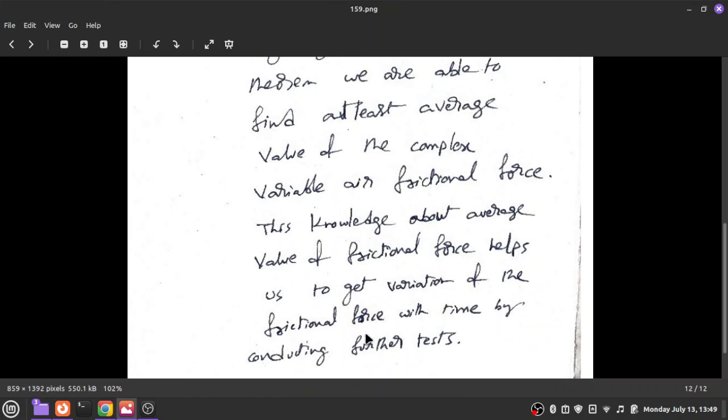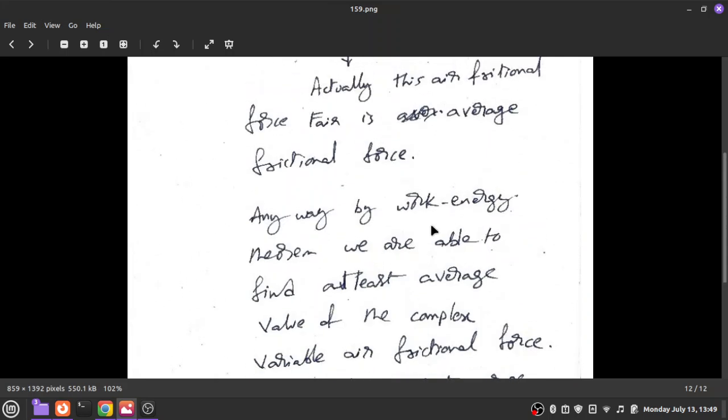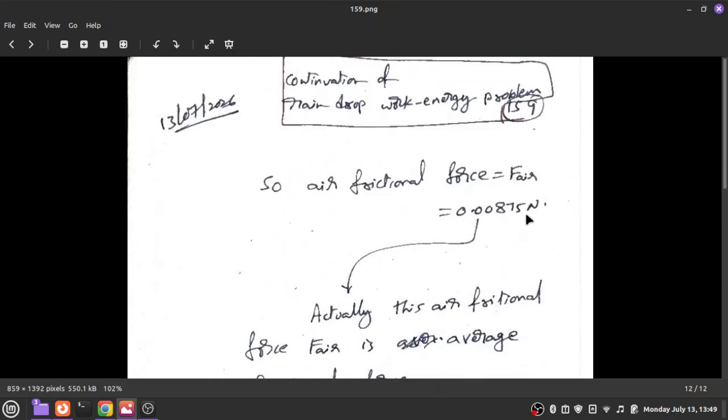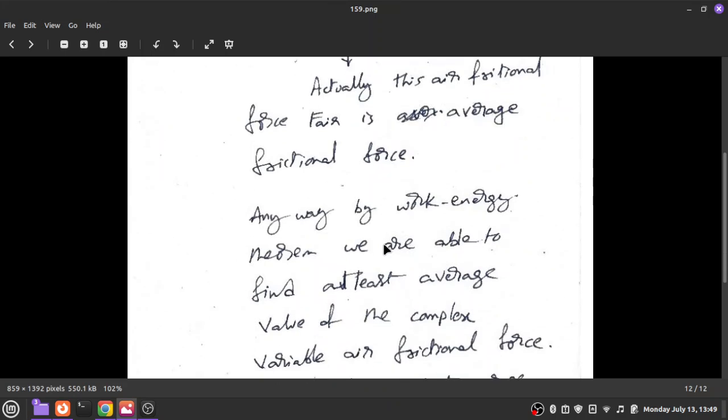If you conduct elaborate tests and experiments, you will get a rough approximate graph of air resistance. And you already know the average value from the work energy theorem to be 0.00875 newtons. So on that approximate curve you can test whether the average value is 0.00875 newtons or not.